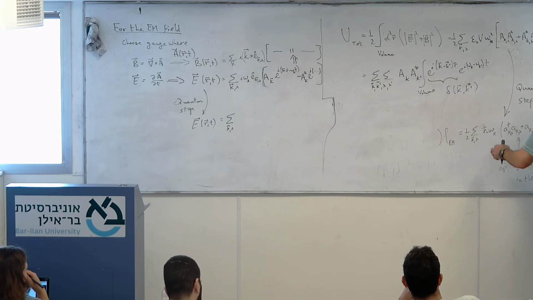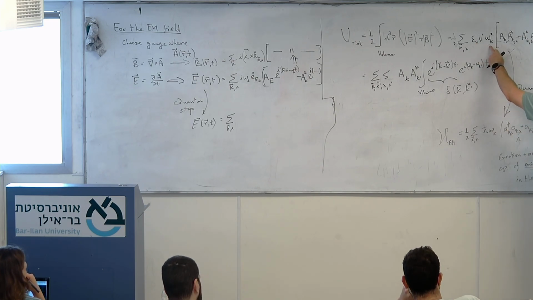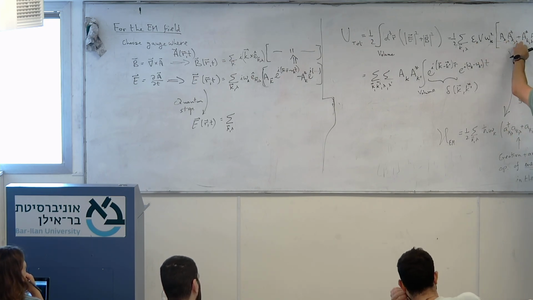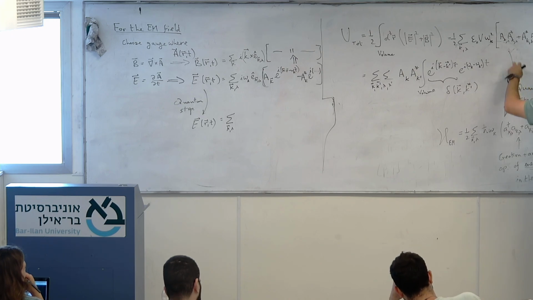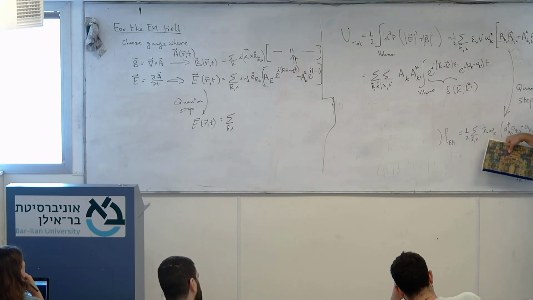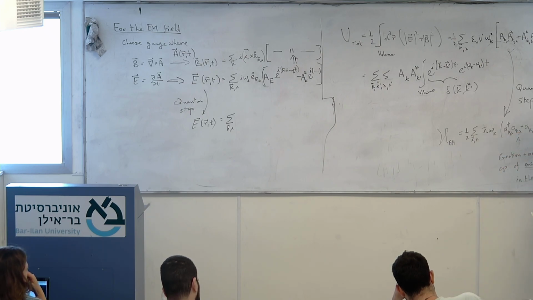That means that epsilon 0 v omega k squared times units of this, because those are unitless, right? They are creation and annihilation operators. They don't have any units. So the units are absorbed here, and there's going to be a normalization factor between them.